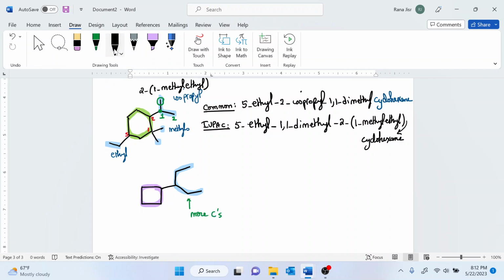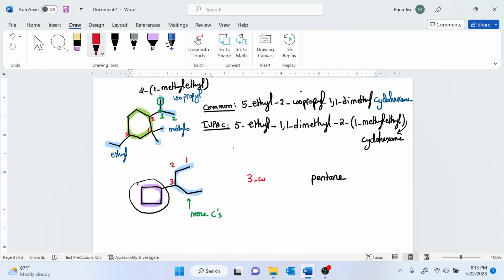So if this is the case, then your ending is going to be in pentane. And you want to give your cycle now, because now the cycle is going to be a substituent coming off this main chain, the lowest number possible. So to give it the lowest number, just go ahead and number that. If you number it from either end, it's still going to be on carbon number 3. So the name here is going to be 3.